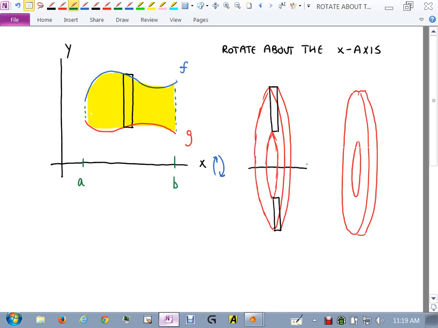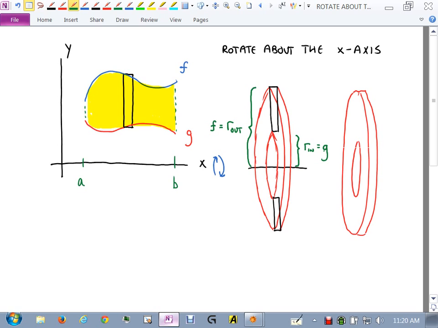That's from the center all the way to the top, right? That's my R out. And for us in this problem, it's actually f, isn't it? The function f. And what about the inner radius? That's R in, and that's the g function.